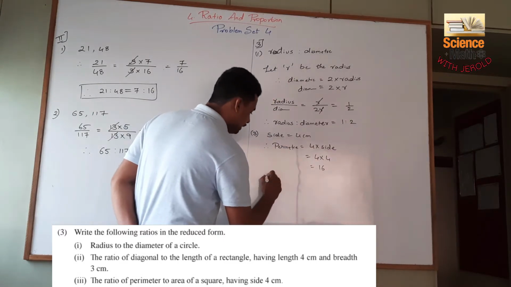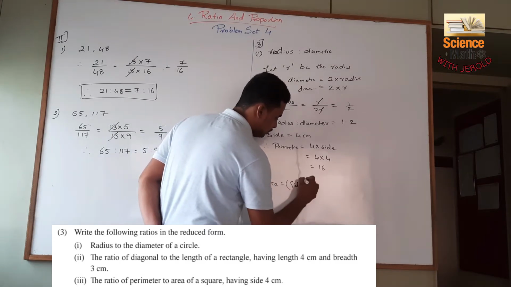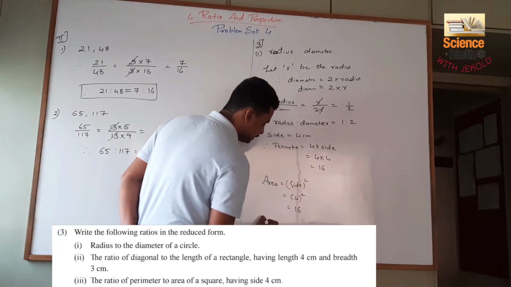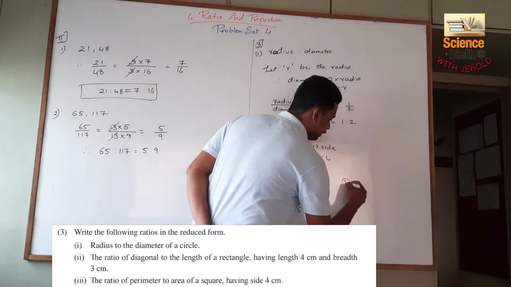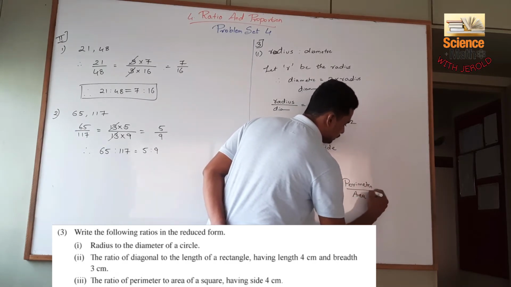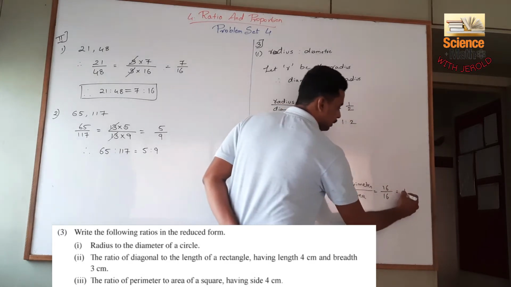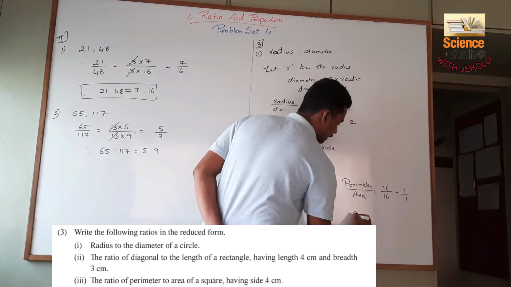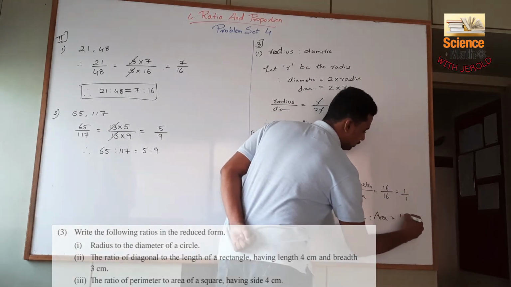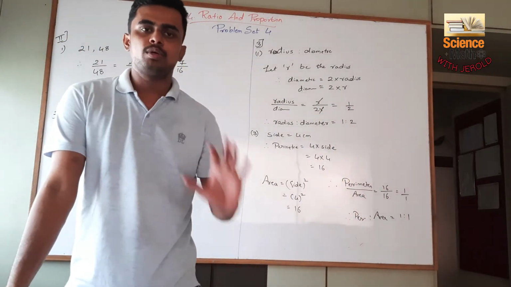Similarly, area of square is equal to side squared, which is 4 squared, that is also equal to 16. Therefore perimeter upon area is equal to 16 upon 16, which is equal to 1 divided by 1. Therefore perimeter is to area is equal to 1 to 1. This is the ratio that we wanted. That was question number 3.